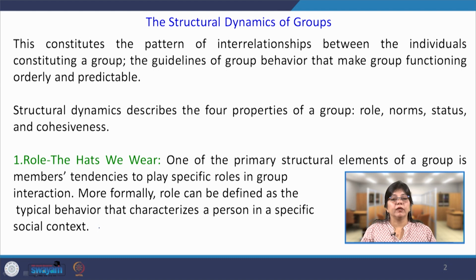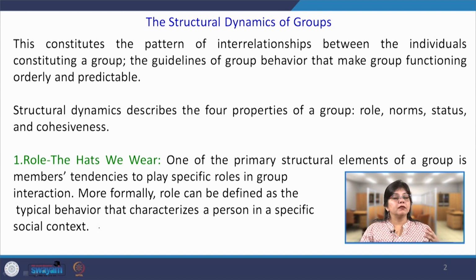When people come together for a common objective, they have their own expertise, knowledge, skills and abilities, and accordingly they are designated a specific role or function that they have to perform in the group, which is heading towards the achievement of the common goal.